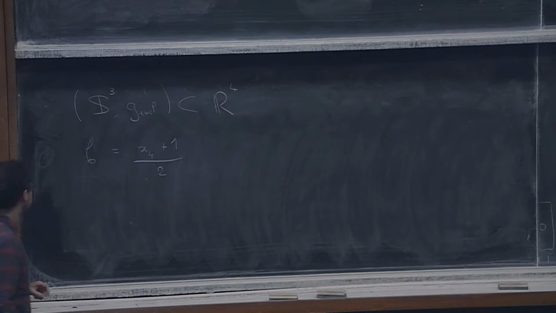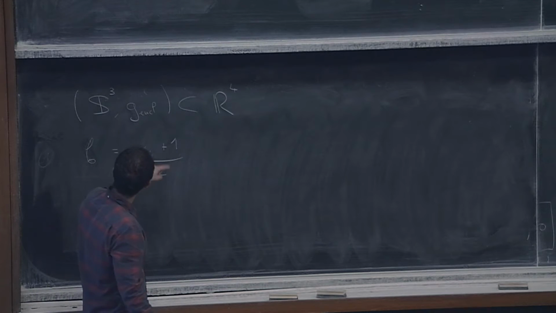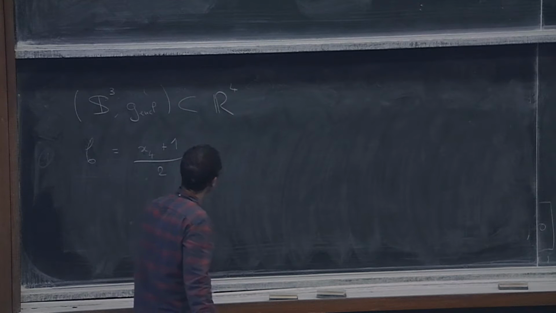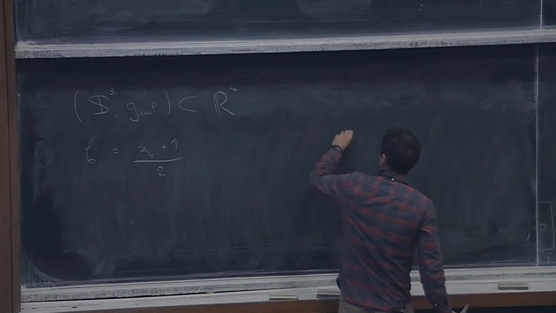So on the sphere, the minimal point is when x4 is equal to -1, so you get 0. The maximal one is when x4 is equal to 1, so you get 1. And the picture is exactly the following.